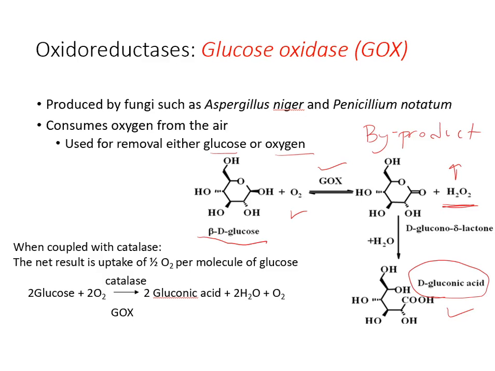This byproduct, hydrogen peroxide, can be used in other specific applications such as canning, pasteurization, for example, pasteurization of milk with hydrogen peroxide.